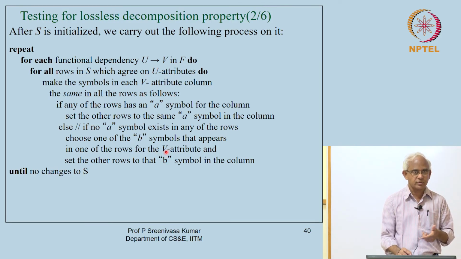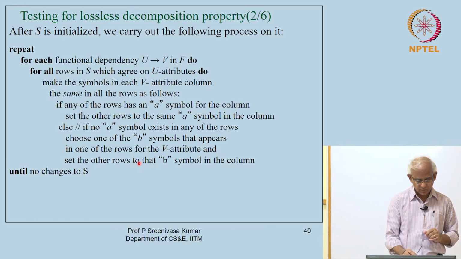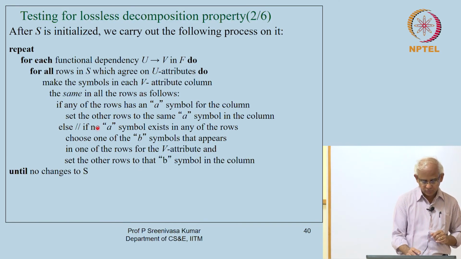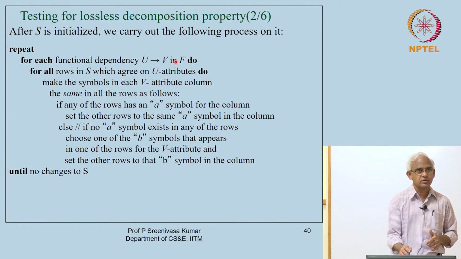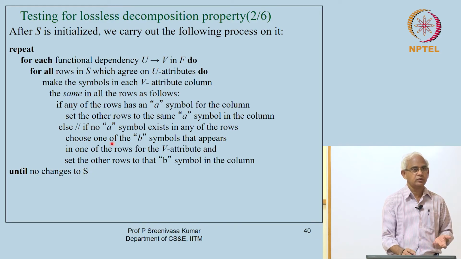There is some non-determinism here, it does not matter which B symbol you choose. You do this for each of the attributes V, then go back and take up another functional dependency U determines V and do the same thing. Repeat until no changes occur to the matrix S.